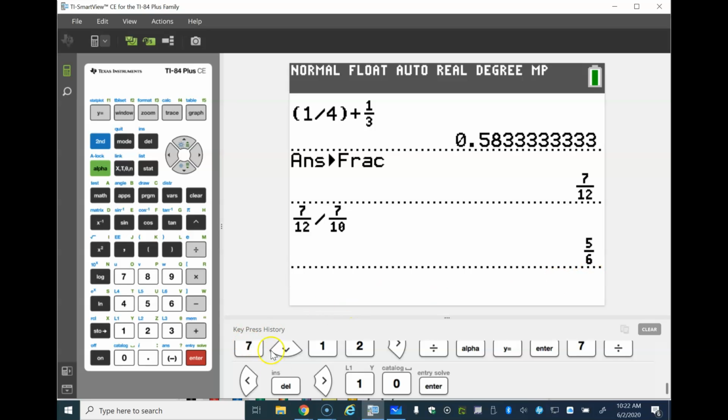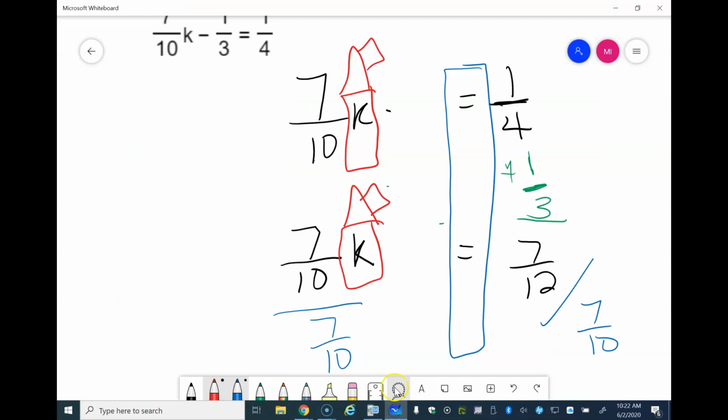And we get 5 over 6. So k is equal to 5 over 6. These cancel, and then this result here is going to give us the 5 over 6.